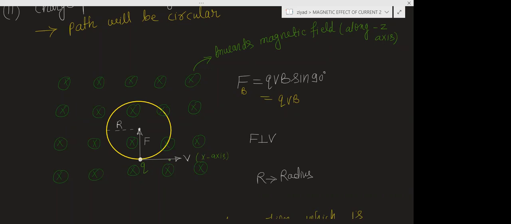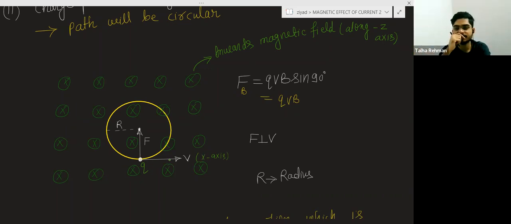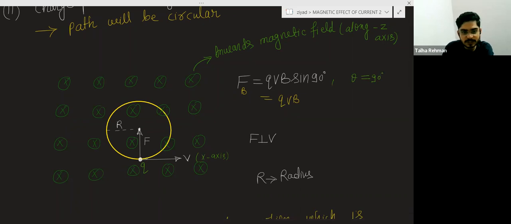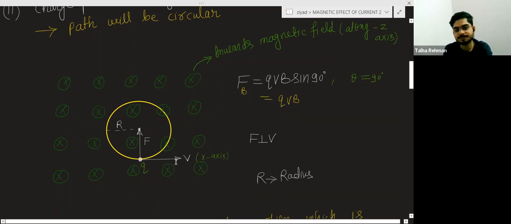So you can say the angle between the velocity and the magnetic field will be 90 degree. So here theta will be 90 degree. So what will happen? Suppose this is the charge particle moving in this direction. So the force on the charge particle will be in this direction, towards the y-axis.